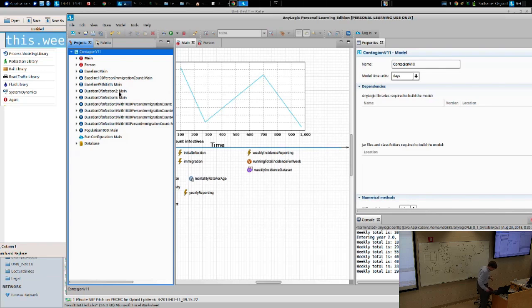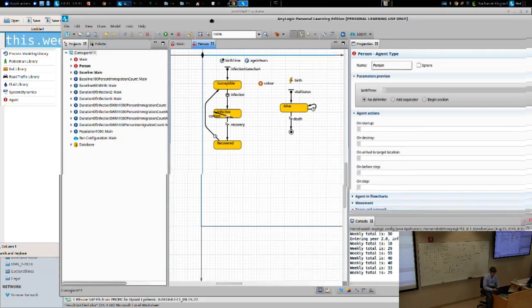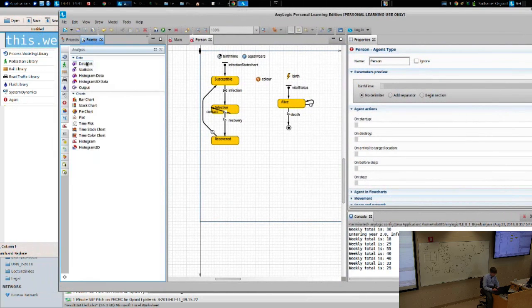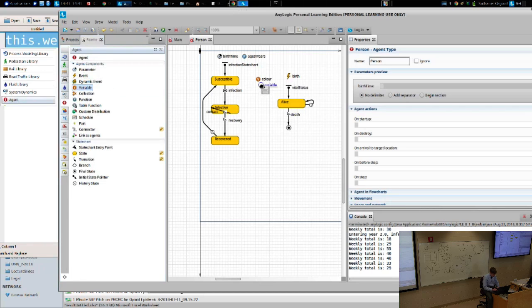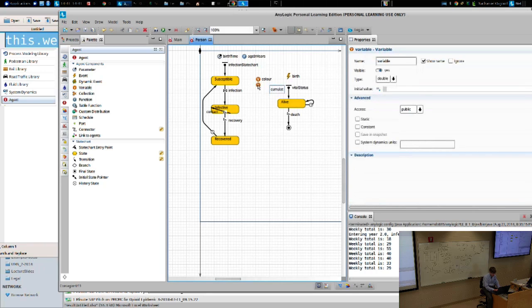So let's repair to person, if we may, much as you will soon repair to the global commercial empire of Starbucks. Okay? So, ladies and gentlemen, we shall put into person a what? A variable. And this will be called cumulative infection count.